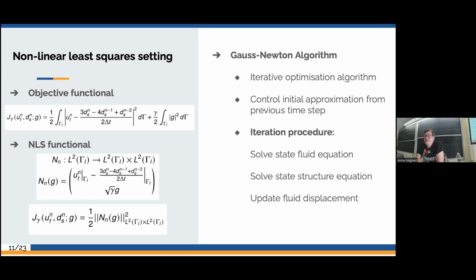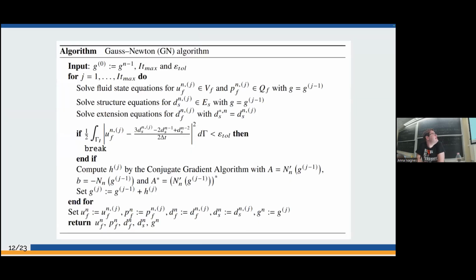Then we can update the fluid displacement by using the value of the structure displacement on the interface. And then we can update the search direction in the iteration process via the conjugate gradient algorithm. Here we can actually see the code.